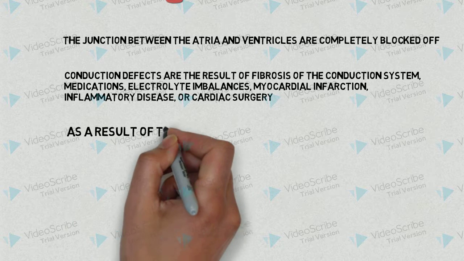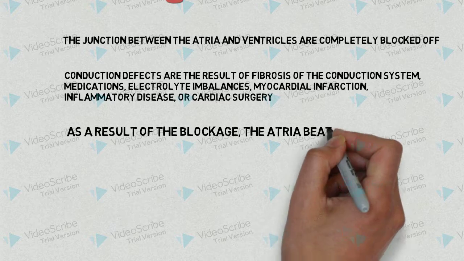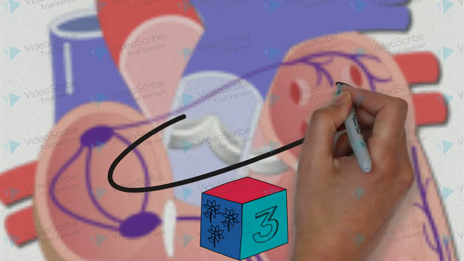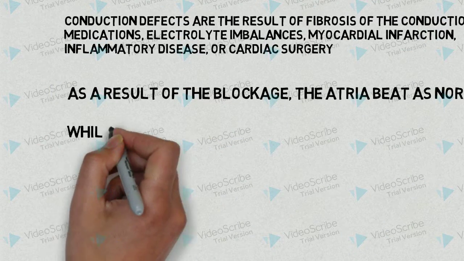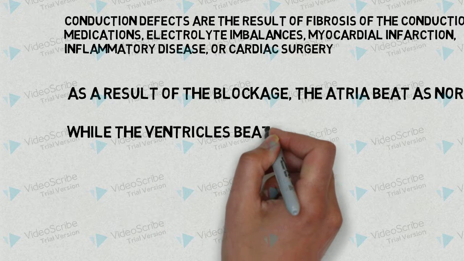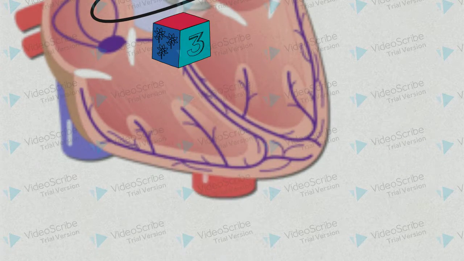As a result of the blockage, the atria will continue to beat as normal, like this, while the ventricles will beat at their own pace, which we will represent by here.